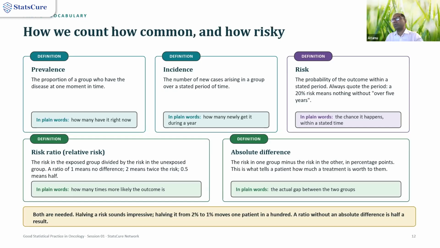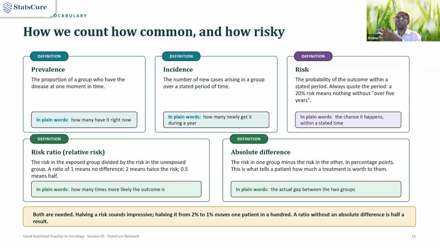As I mentioned, prevalence and incidence can be used much more outside the clinical trial context. So at the population level, we want an overall summary. But risk and risk ratio both can be applied, even absolute difference. These three components could be applied in both contexts: the clinical trial context, where you have a specific group of patients, a cohort, you are observing them for a certain period, doing some experiment, seeing how things go if you give exercise and if you don't.